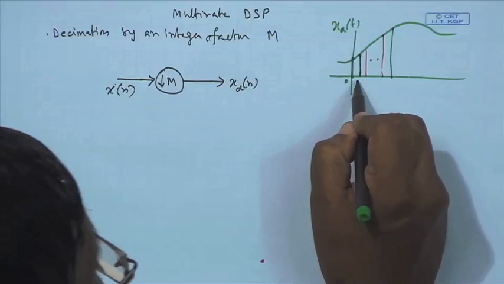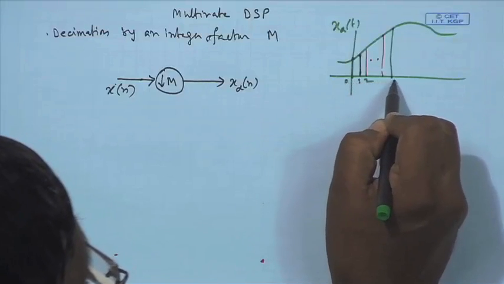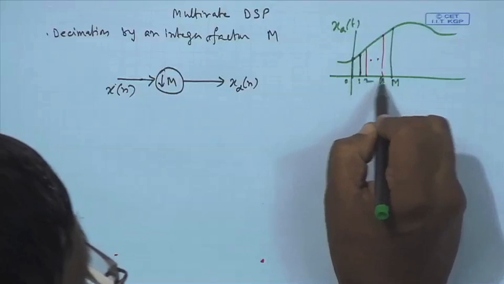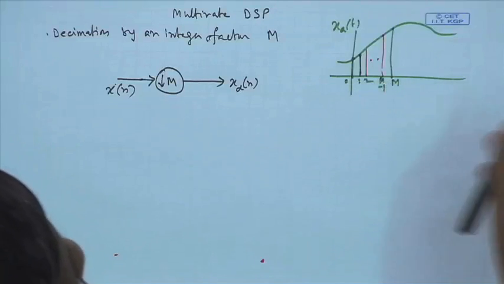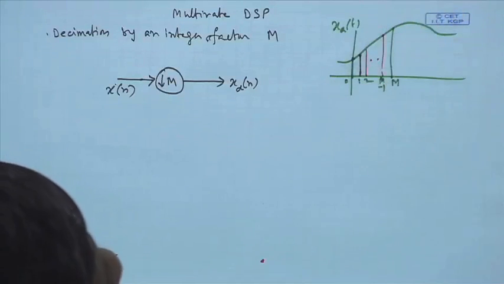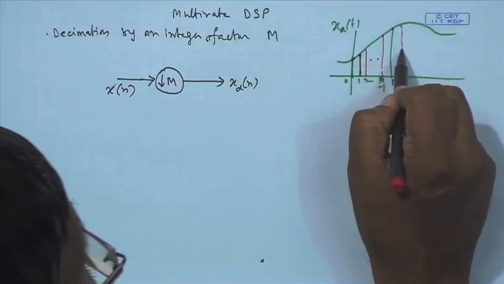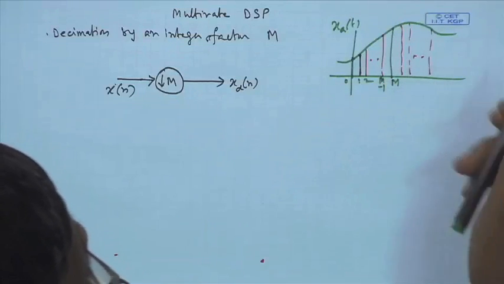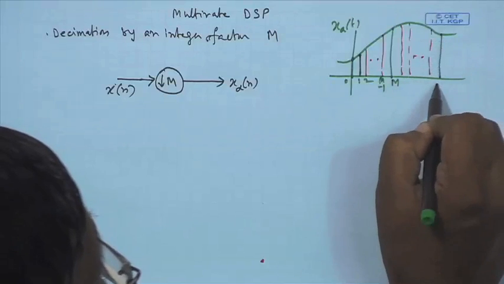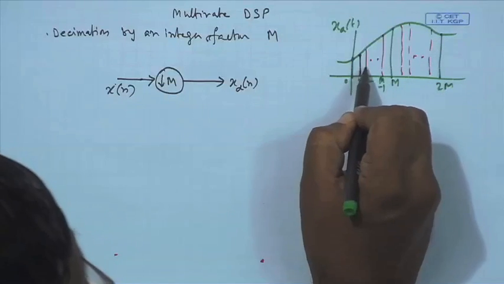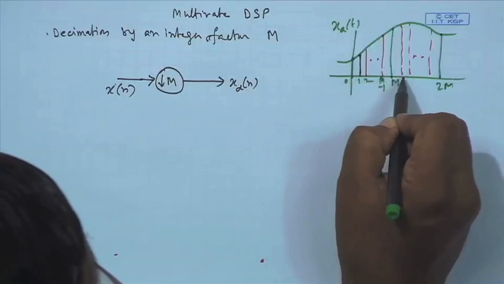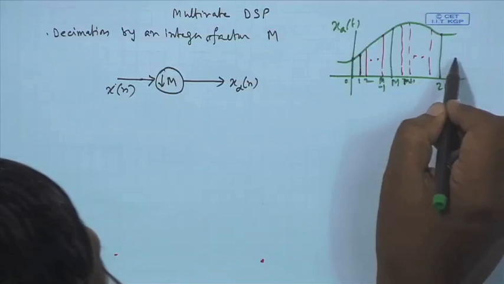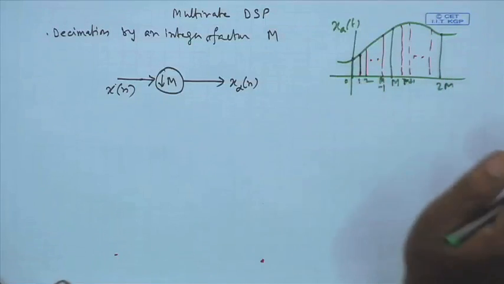So, this is 0, 1, 2, and then this is m, this is m minus 1, then again at 2m. So, all these are the 0th sample, first sample, second sample, m minus 1th sample, mth, m plus 1th sample. This is how you sampled.